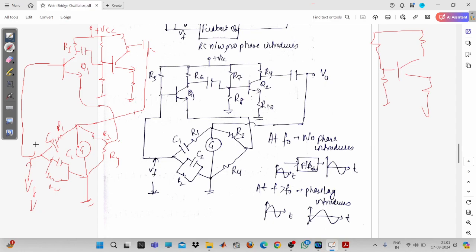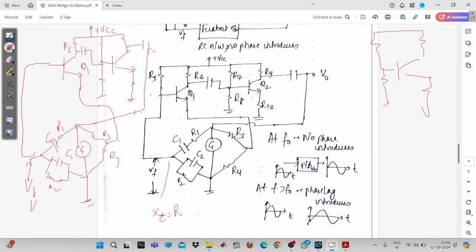Fine. So now we will simplify the circuit and try to obtain the frequency of oscillation. We will have to select a resonant frequency. I think this should be kept in mind that we will have to select a resonant frequency. At that time, your Xc will be equal to R. Now, what is Xc?